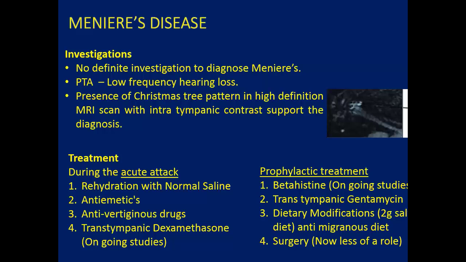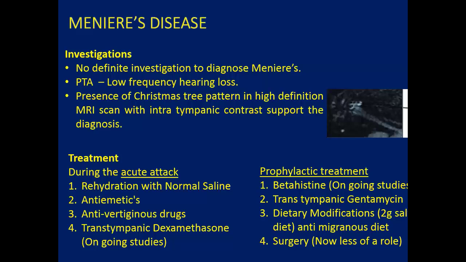Transtympanic injection, that means we give an injection into the middle ear, we can try that also. But mainly we hydrate and we give antivertiginous drugs. Prophylactic treatment is to prevent attacks, because if someone has repeated Meniere's disease attacks, they cannot continue their day-to-day life.